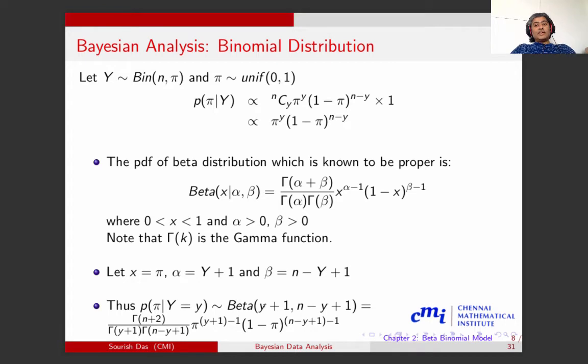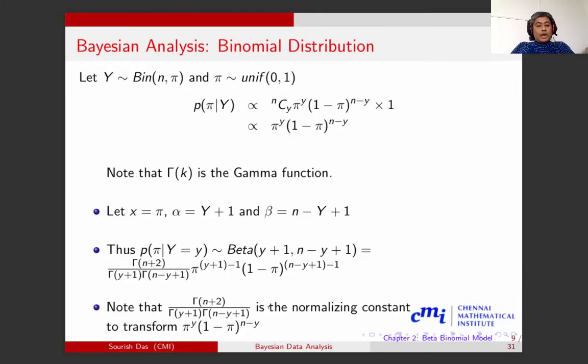We know the exact values of y and n because they are just data for us, and this is the exact PDF form. And gamma of n plus 2 over gamma of y plus 1 times gamma of n minus y plus 1 behaves as a normalizing constant to transform pi to the power y, 1 minus pi to the power n minus y into a proper posterior distribution, a proper probability distribution.